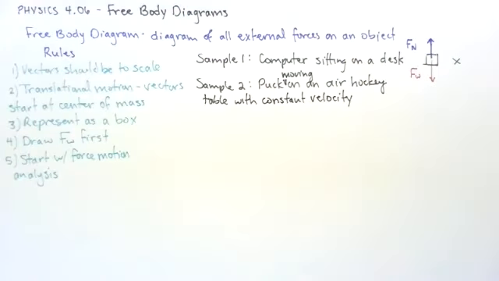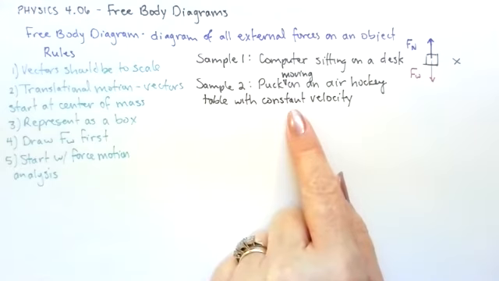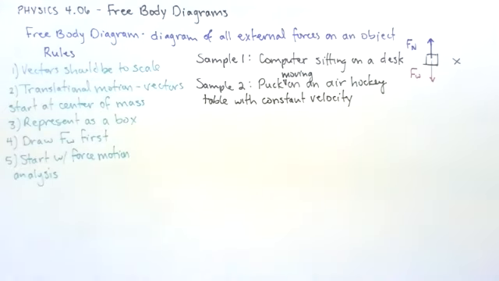Okay, so take a second and tell me what forces you think, and if you've ever played air hockey, you know that you knock the puck back and forth. So take a second and think about this, puck moving on an air hockey table with constant velocity, and tell me what forces are going to be at work.